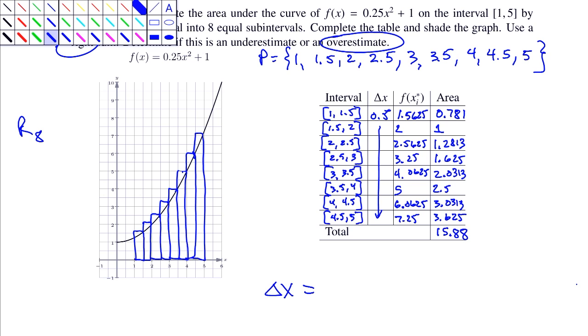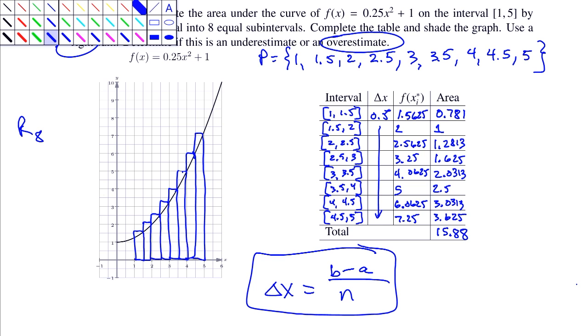B minus A would just be 4, not 0.5. But you're on the right track. There is a B minus A in this. And you divide by n. So B minus A represents the length of the entire interval. You're going to divide it into n parts. 8 parts.